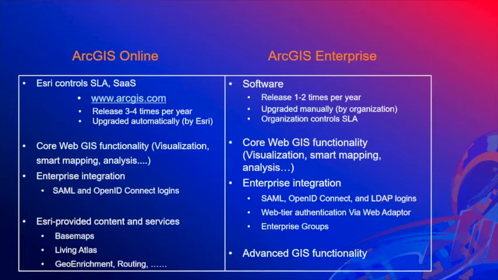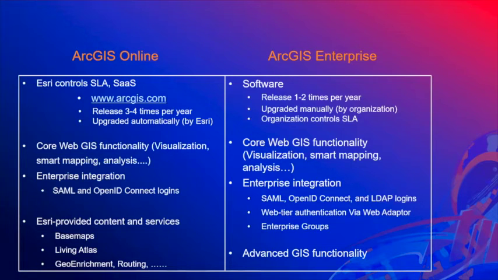We can do what is called web tier authentication. We can connect to those LDAP groups that many organizations are still using to organize their employees. So that direct connection to other systems within your infrastructure, that's a feature of ArcGIS Enterprise that we see a lot of customers going through.